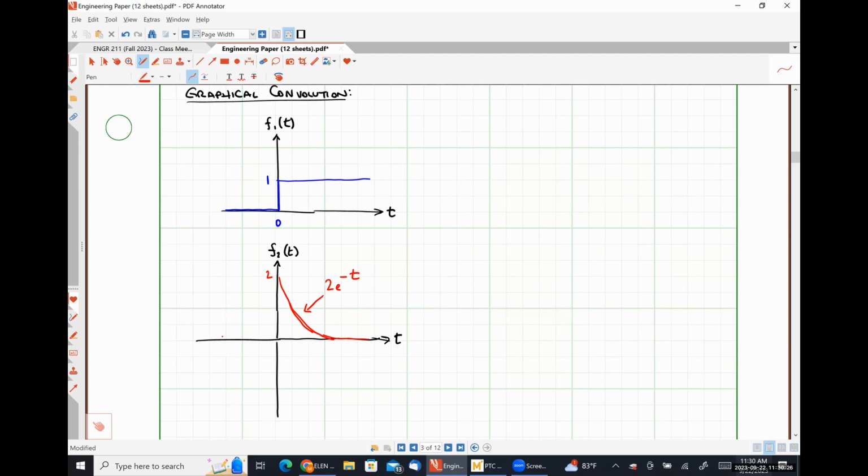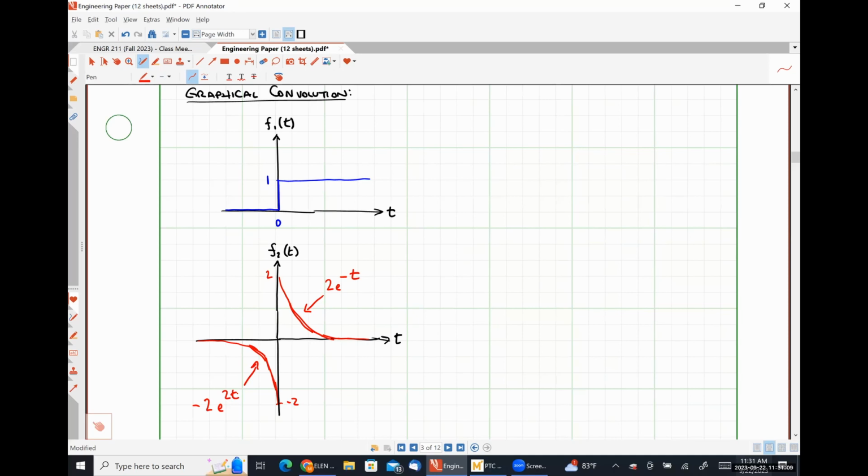And then let's have an exponentially increasing thing on this side, where it's going to hit its peak value at -2, and this is characterized by the expression -2e to the 2t. Okay. So we are going to apply the graphical convolution technique.